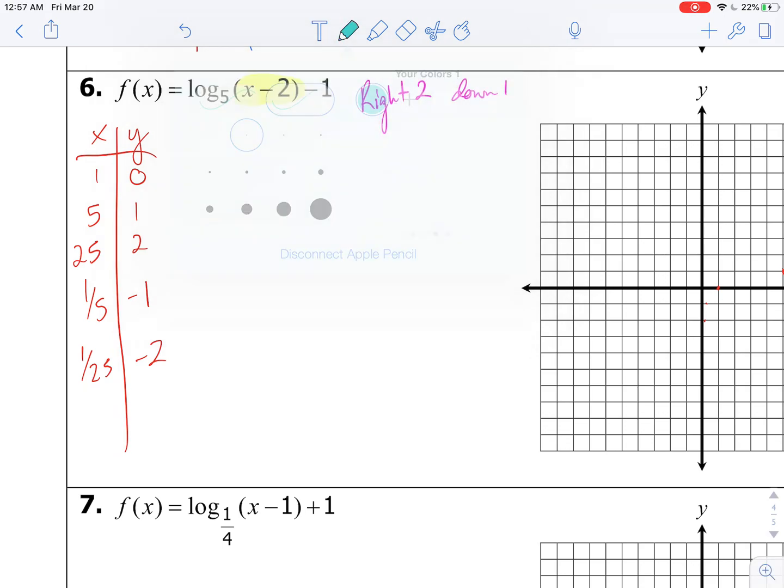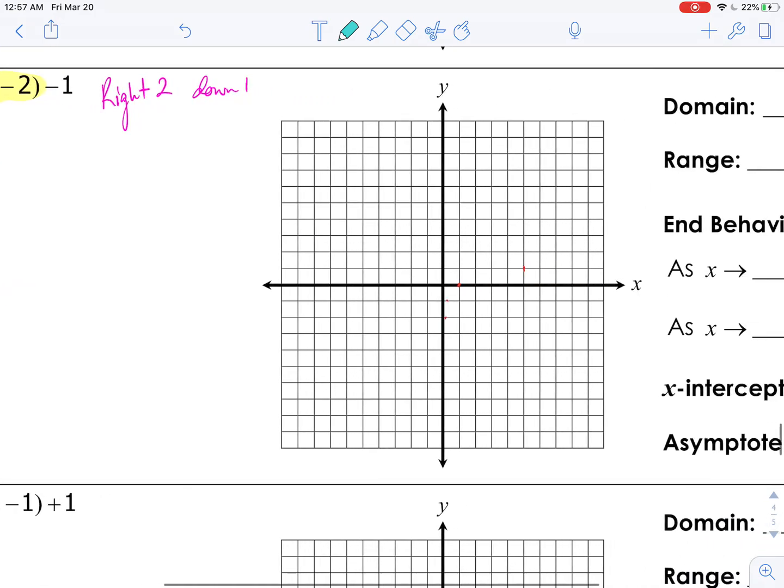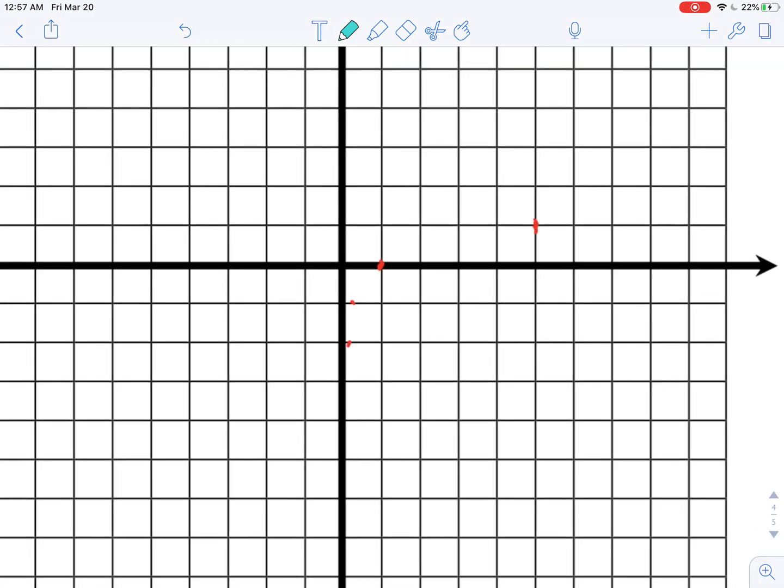Let's go with a blue-green, if I can find a good one. Make like the Miami Heat colors. So right 2, down 1. So let's go from these points, right 2, down 1.